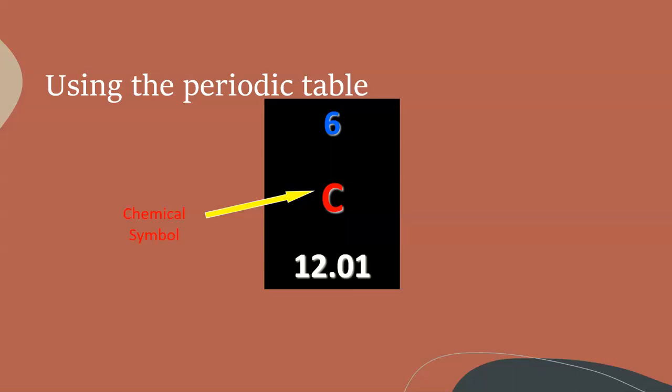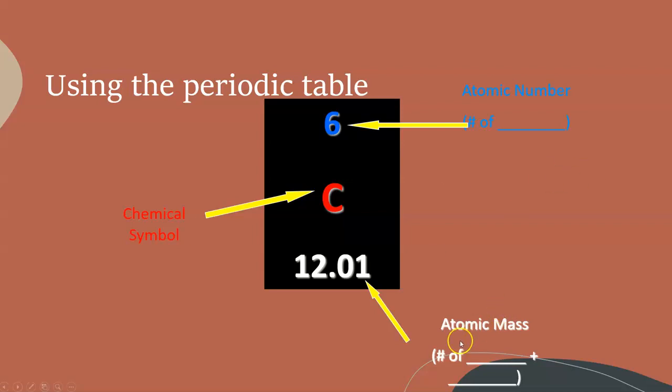Okay, the next thing is atomic number. What is the atomic number? The atomic number is the number of protons. Then the next thing is atomic mass. Now, what's atomic mass? Well, atomic mass is actually the number of protons plus the number of neutrons.